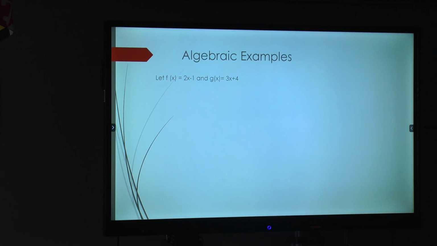So it says let f of x be 2x minus 1, and then there's g of x, which is 3x plus 4. So the first one we're going to talk about, what operation is A asking for?